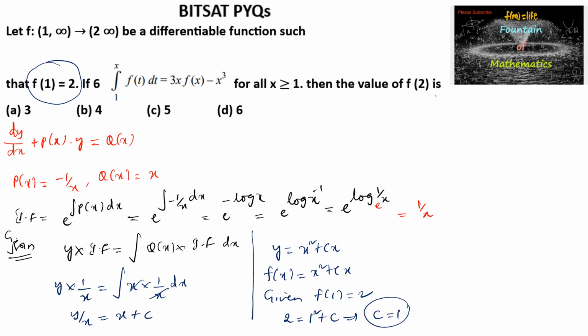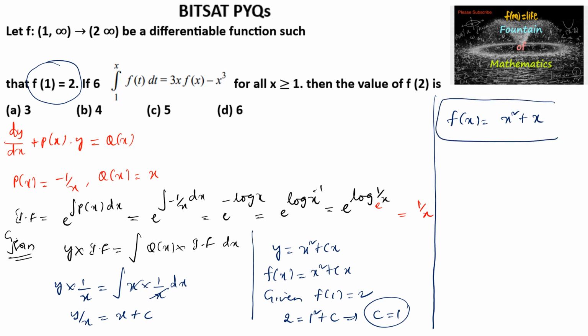Now when c is equal to 1, we can write the function f of x is equal to x square plus 1 into x, that is cx is 1 into x, which is x. So f of x is equal to x square. Therefore f of 2 is equal to 2 square plus 2, that is 4 plus 2, which is equal to 6. So 6 is the answer, option D.